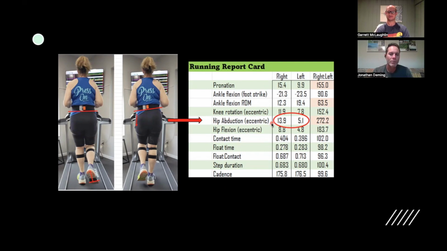So that's loading. When you're coming down and landing, your muscles are loading the forces. So that's the eccentric phase. And looking at the hip abduction, the difference on the right versus the left. Okay, so she's undergoing this much more on the right than she is on the left. And that's a quantitative way of finding it really objectively.